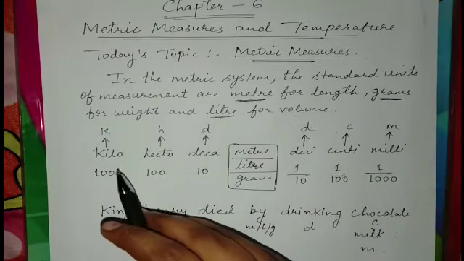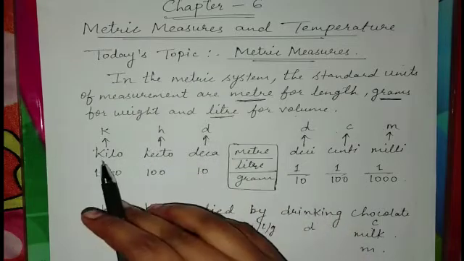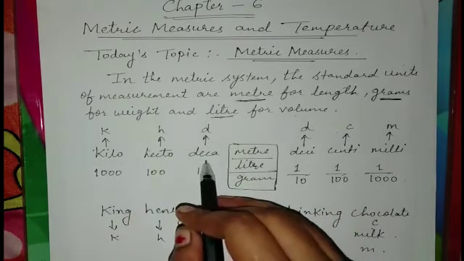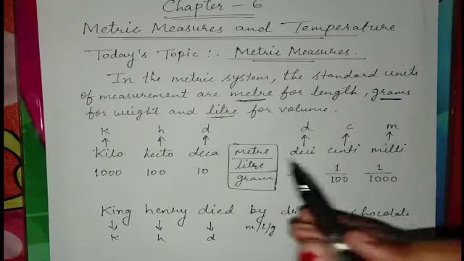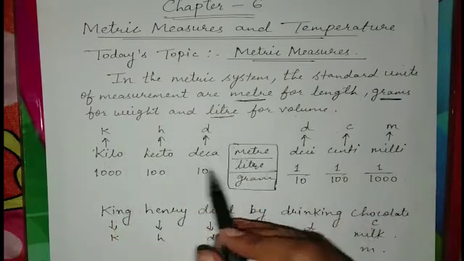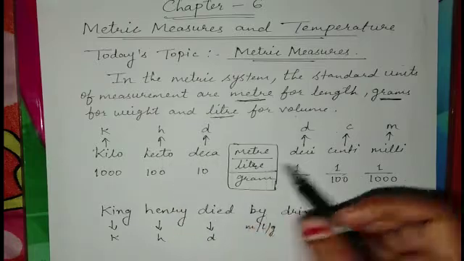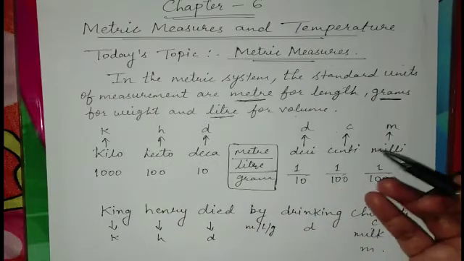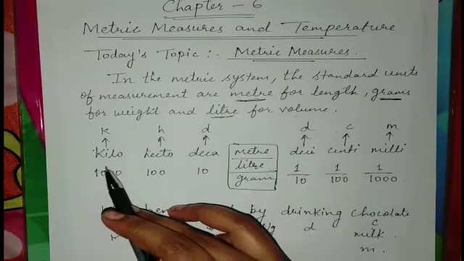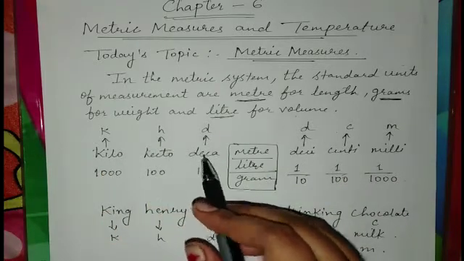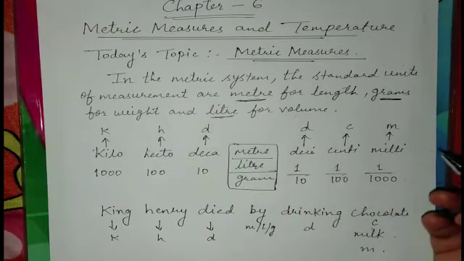If we read in meters, it means kilometer, hectometer, decameter, decimeter, centimeter, millimeter. In liters, kiloliter, hectoliter, decaliter, deciliter, centiliter, milliliter. With grams, kilogram, hectogram, decagram, decigram, centigram, milligram.